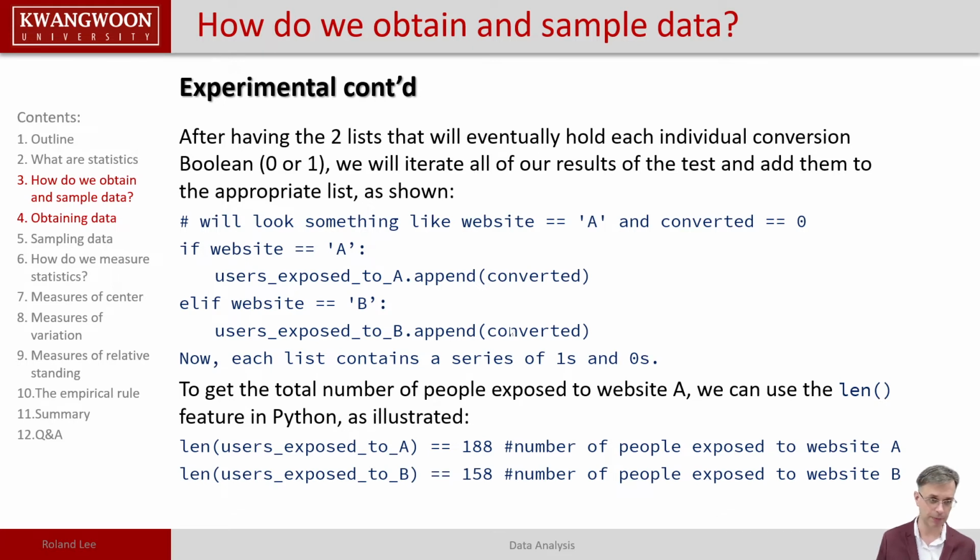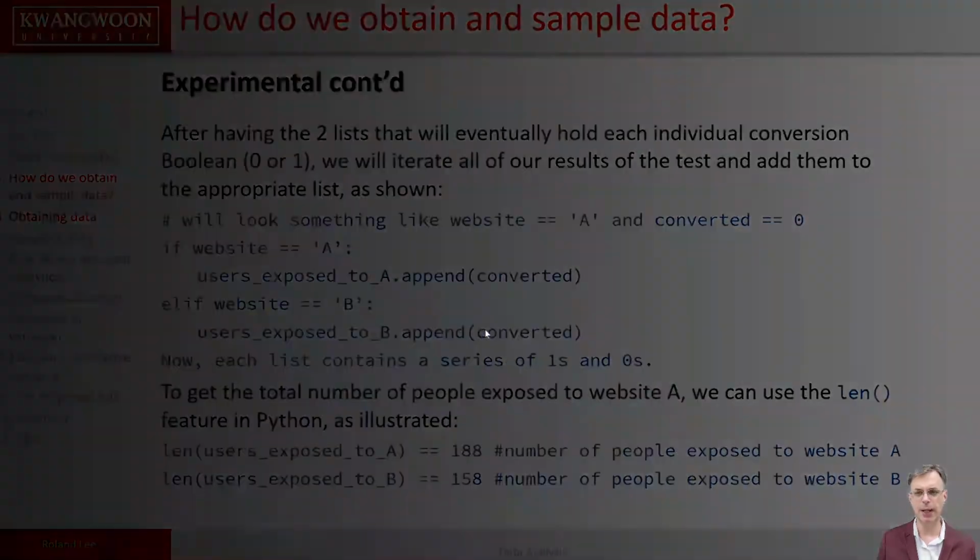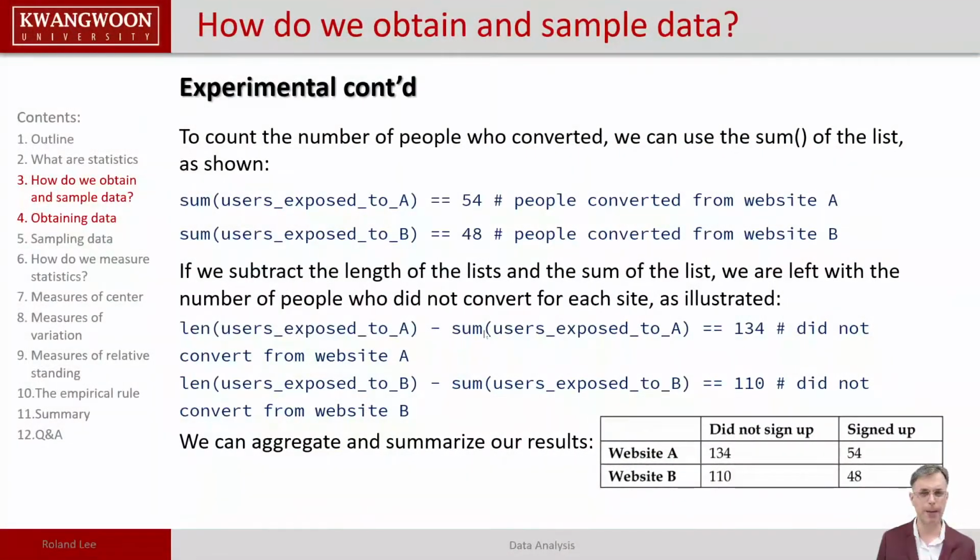To get the total number of people exposed to website A, we can use the len function in Python as illustrated. So len of user exposed to A gives a number, and user exposed to B gives another number. To count the number of people who converted, we can sum up.